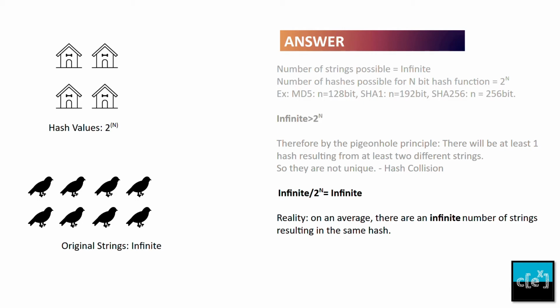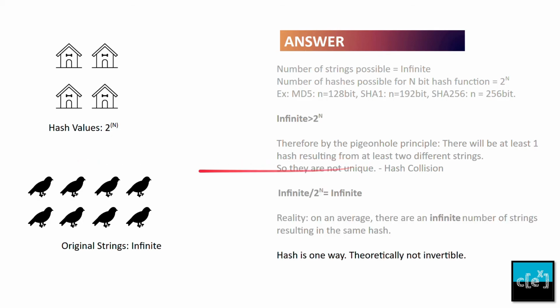As a result of this, hash acts like a one-way journey like time, which means from any string we can generate a hash, but from the hash we cannot trace back the one out of infinitely many strings that generated it in the first place. So theoretically it is not invertible, and due to this reason hashes are so useful in security.